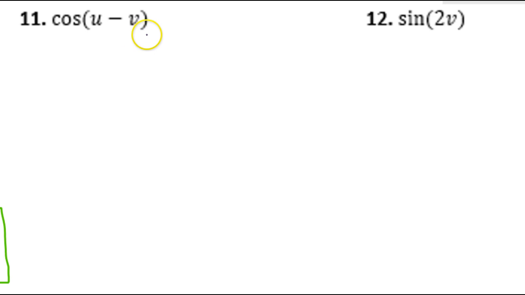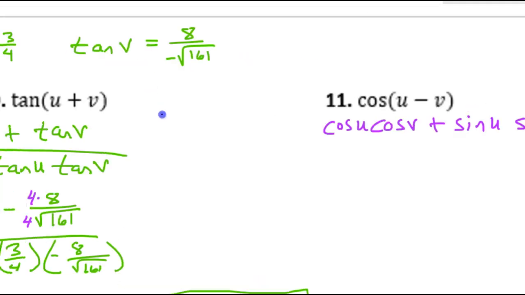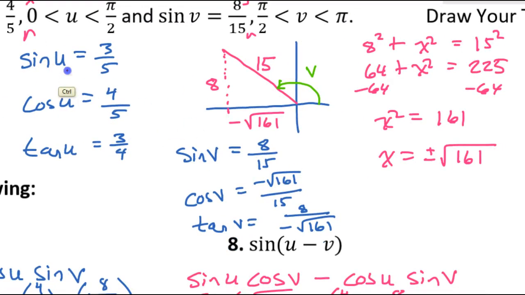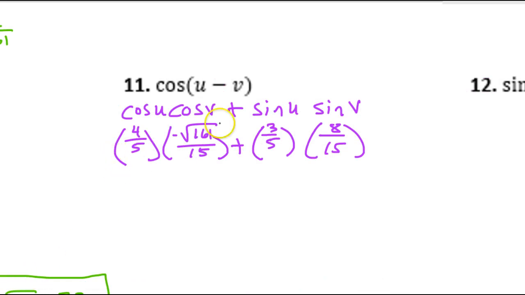Okay, cosine of u minus v goes cosine cosine plus sine sine. So I'm going to do cosine u cosine v plus sine u sine v. So I got to go all the way back to this. I'm going to be substituting in these values right now. Alright, so here I've substituted in the value of each one of these expressions. So it's just a matter of simplifying this down.